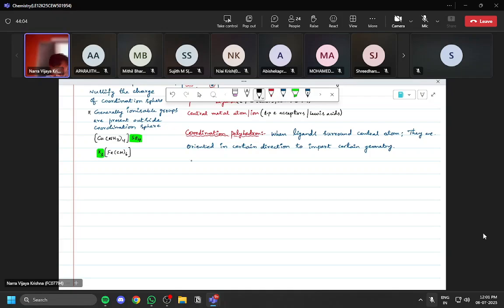If the coordination number is 4, now what is coordination number? Already we have seen: the number of ligands or number of sigma bonds is called the coordination number. If the coordination number is equal to 4, two geometries are possible. What are they? Maybe a tetrahedron or square planar.